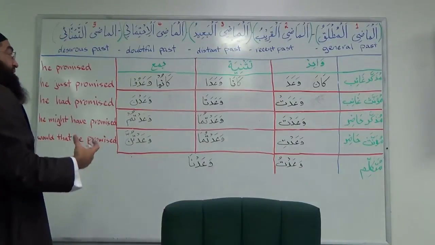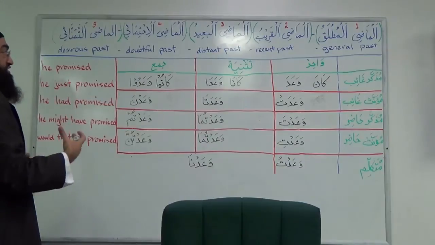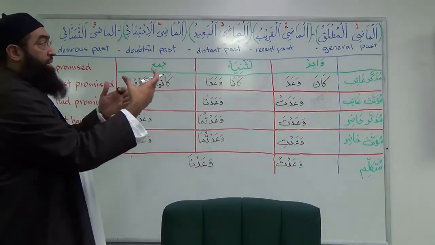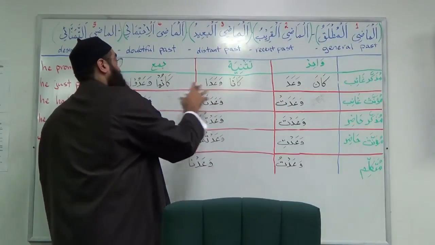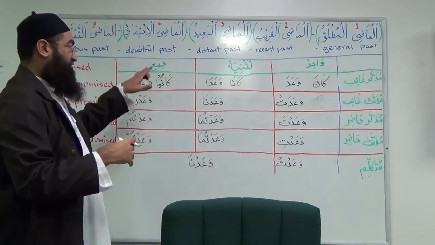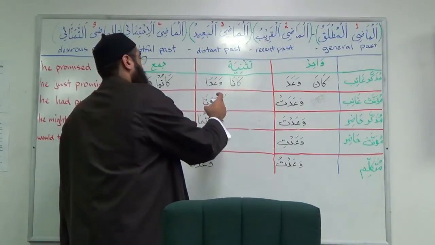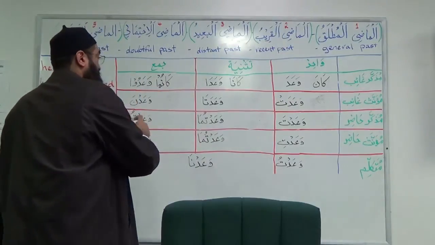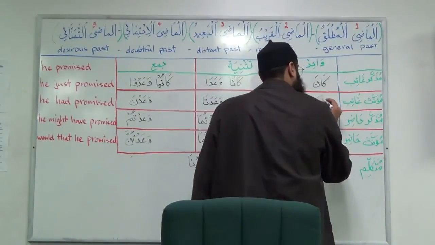It's bringing the meaning of distant past. So it's changing the meaning of the general past, and the verb itself is changing as the conjugation goes on. So in the 14 forms, it's also going to change. So kana wa'ada, kana wa'ada, kanu wa'adu, and then kanat wa'adat.